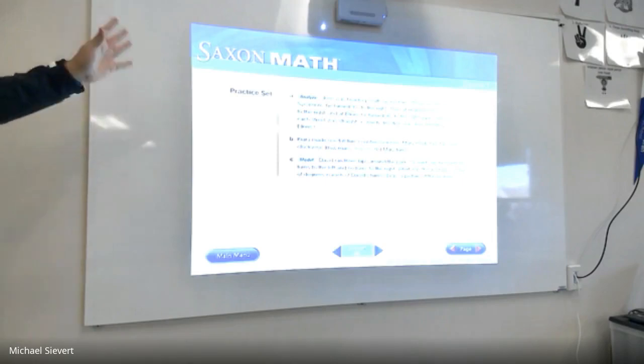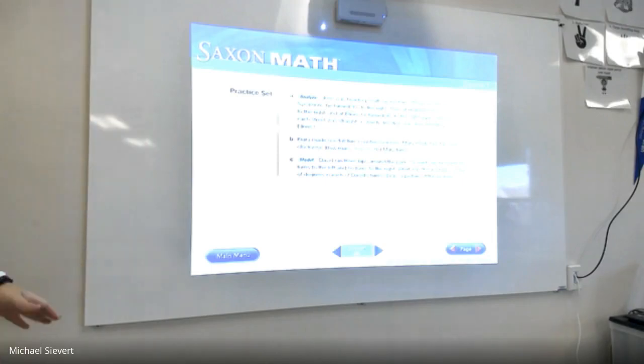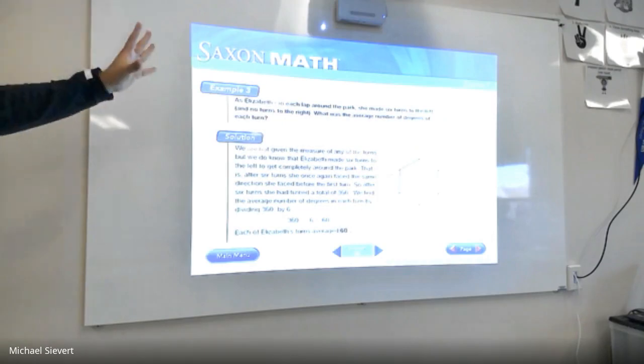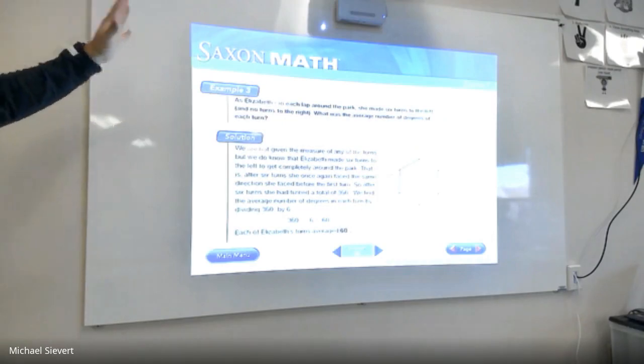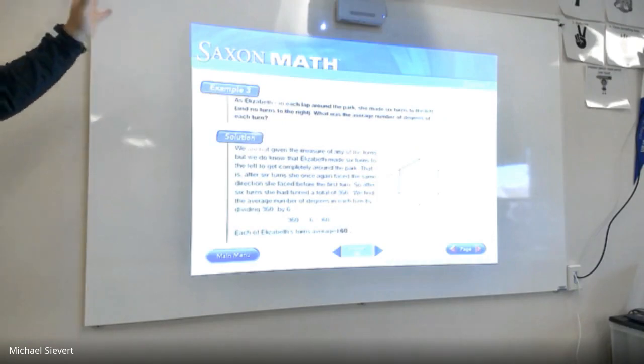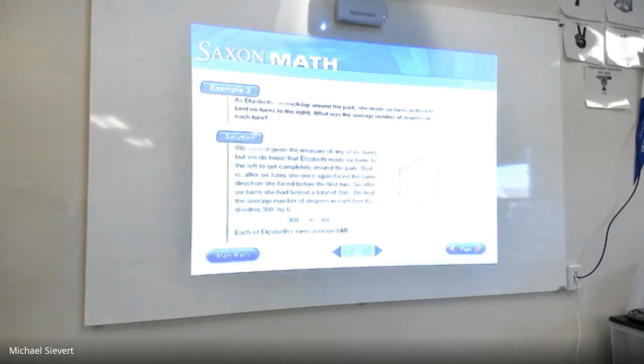You don't know anything about those individual degrees. And you can't assume it's 90. You can't assume it's 45. You have to divide. So what Destiny said, in order to find the individual degrees for each term.